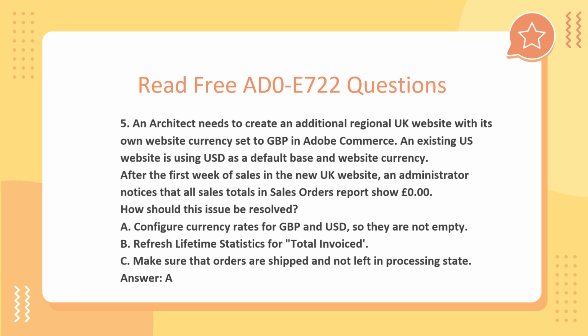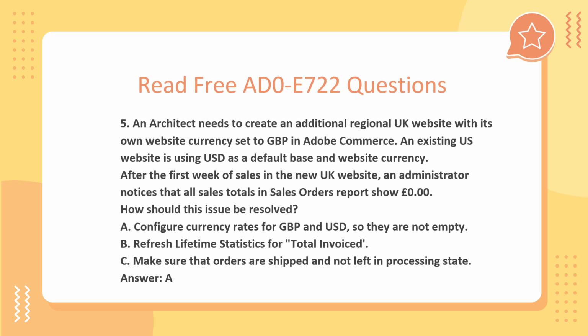5. An architect needs to create an additional regional UK website with its own website currency set to GBP in Adobe Commerce. An existing US website is using USD as a default base and website currency. After the first week of sales in the new UK website, an administrator notices that all sales totals in the sales orders report show £0. How should this issue be resolved?